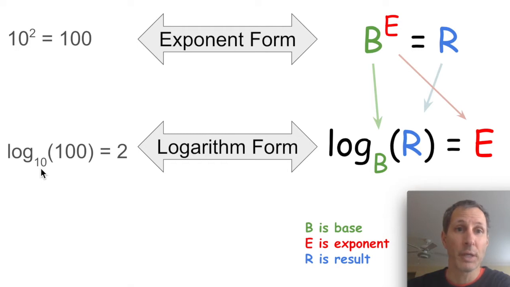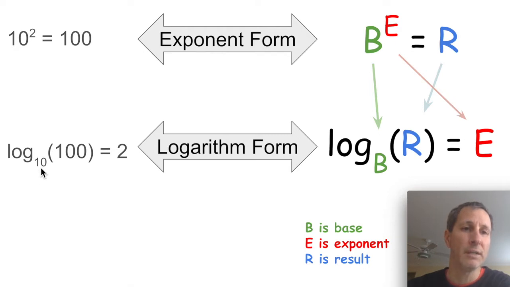What power are we raising it to? Well, we're raising it to this power, the 2. And so that exponent, or e, goes on the right-hand side of the equal sign. So log base 10 of 100 is equal to 2. That's the equivalent equation to 10 squared equals 100, in logarithmic form.